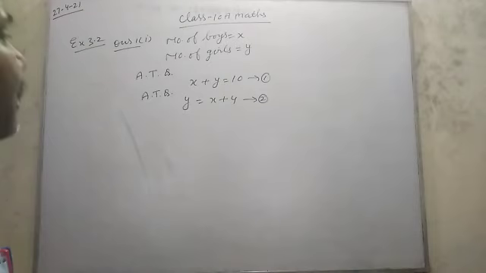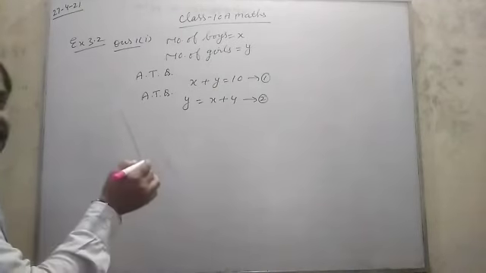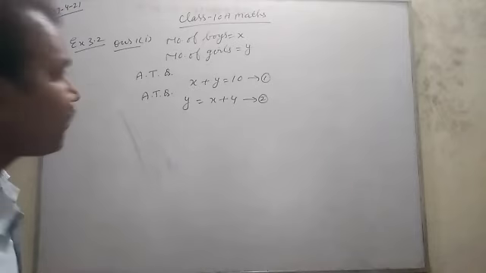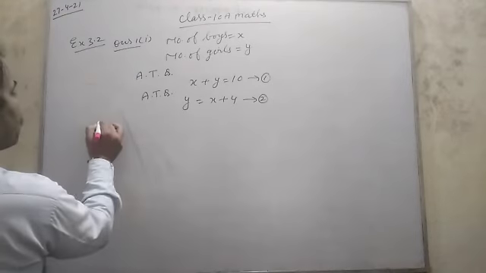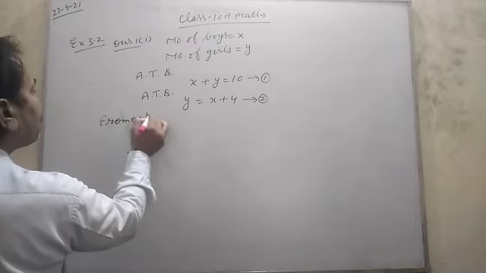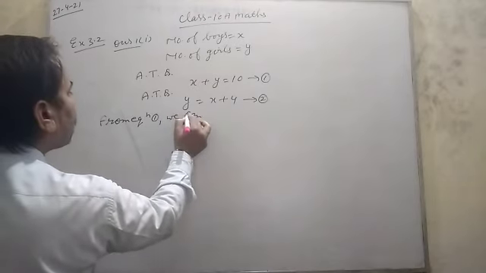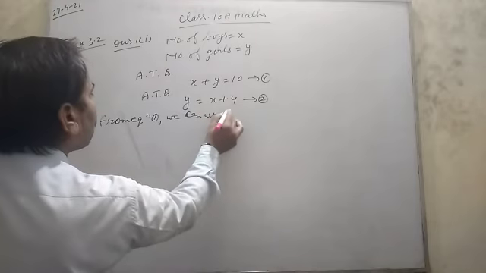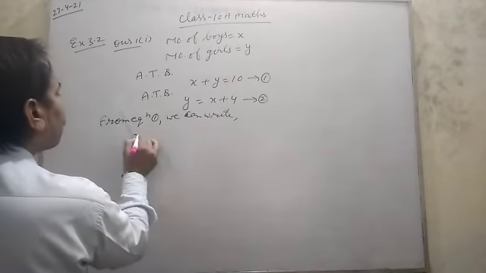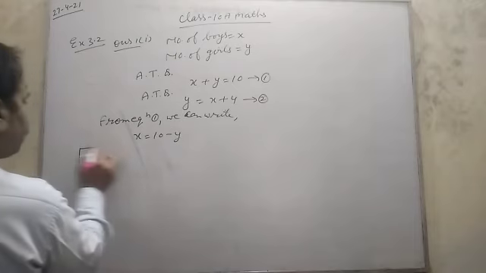So by the graphical method you have to solve. Yesterday I discussed that graphical method. For the first equation, we can write x is equal to 10 minus y. So make a table.